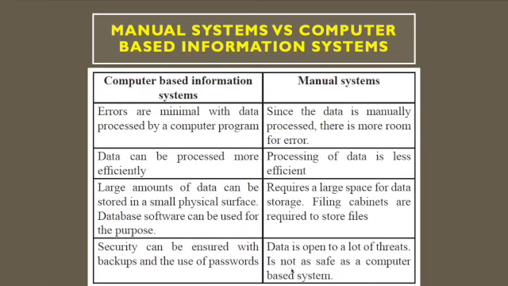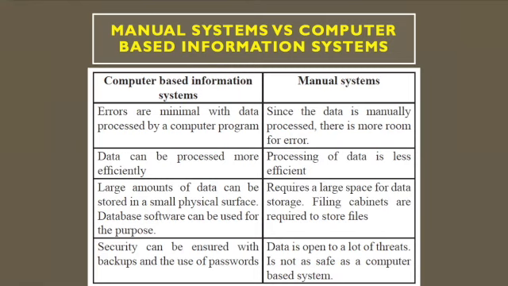Again, the third point, a large amount of data can be stored in a small physical surface. So what is physical surface? For example, you can store a lot of data on a hard disk. 1 TB, 2 TB, a lot of high capacity hard disks are available nowadays. So you can buy one hard disk and put all the details.